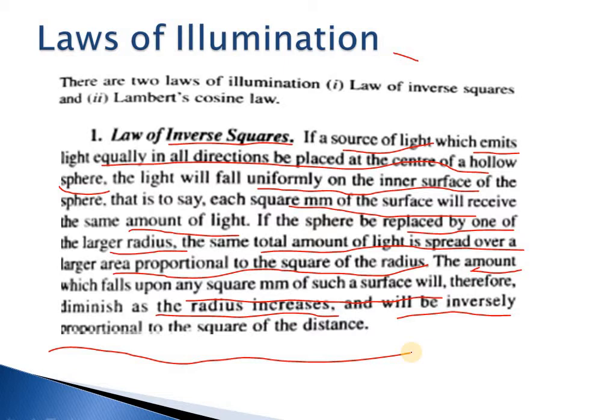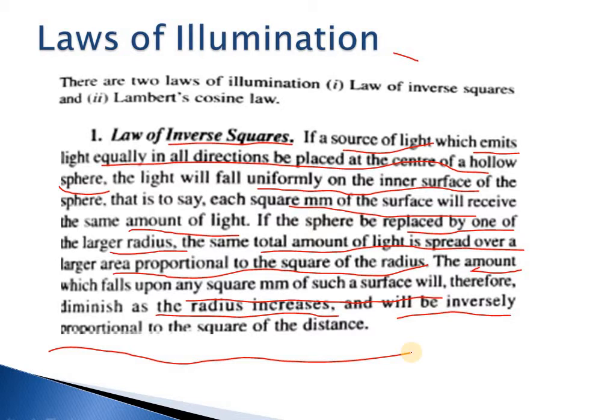That means when the radius is increasing, the amount of light diminishes, because the light is spread over a larger area.